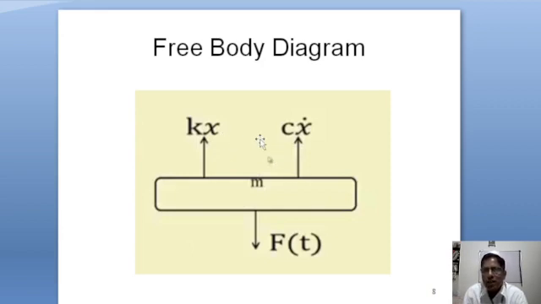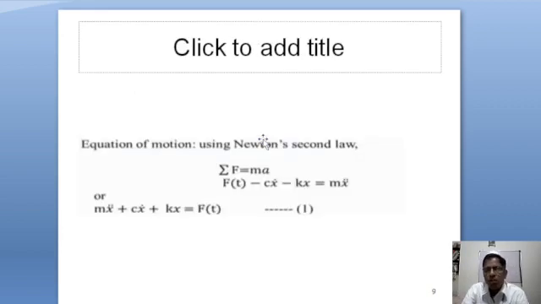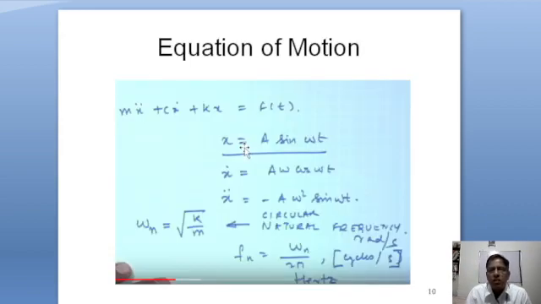The stiffness force and damping force try to oppose the external excitation force, and that is why stiffness and damping are very important in vibration control. If you apply Newton's second law, which says that the mass of the component multiplied by the acceleration is equal to the summation of all the forces acting on that mass, this gives the equation of motion of a single degree of freedom system.